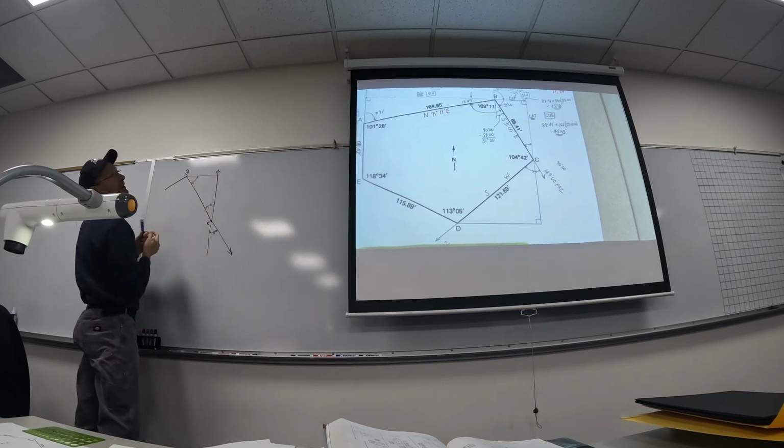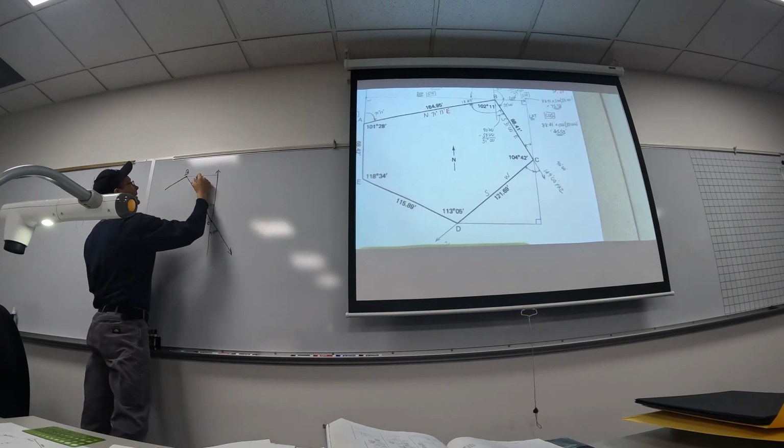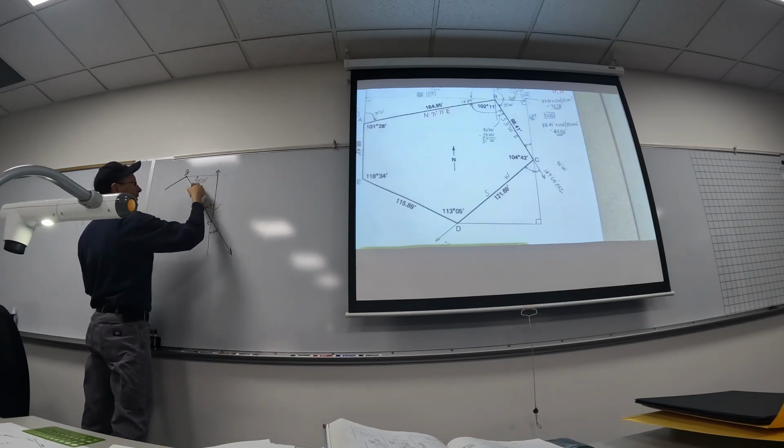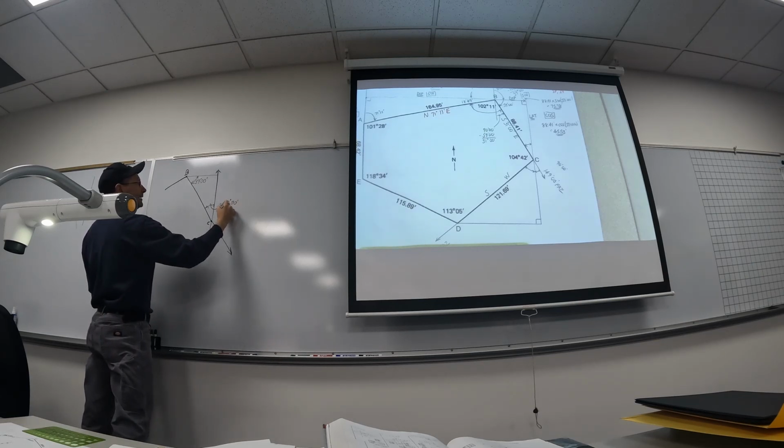What is this? 59 degrees, 0 minutes. What's this? 31. It should be 90 degrees minus that, right? 31. Does everybody see that?